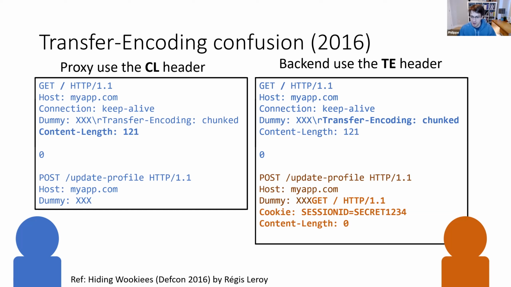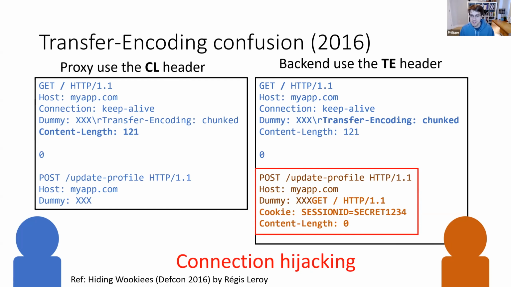Because we're in a pipeline of multiple requests being placed in the same socket, this update profile could be, for example, forced to another user with this payload, and suddenly the GET /whatever page will be ignored, but the session cookie will be attached because everything is being concatenated, and then suddenly we have a request that is forced to the user. This is called connection hijacking or content hijacking.